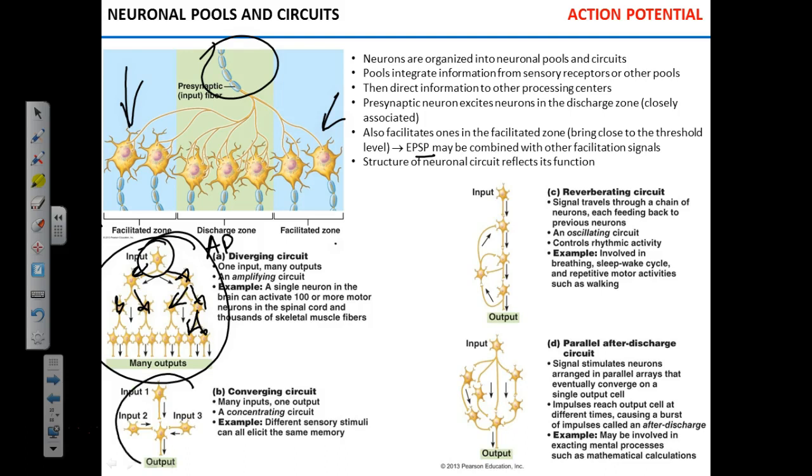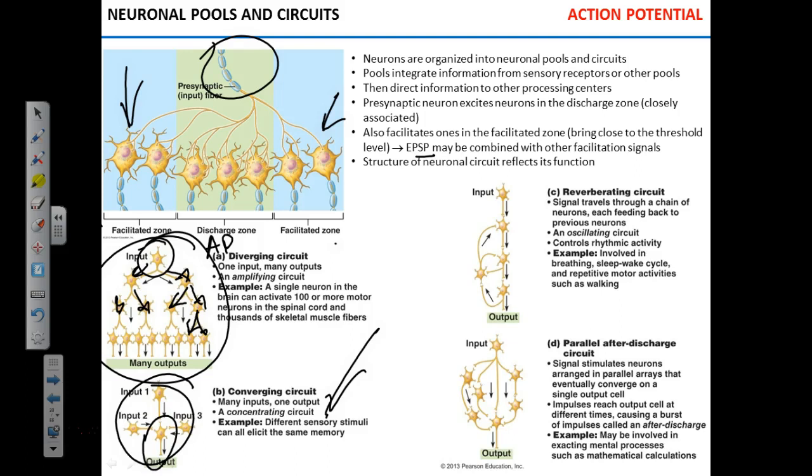Converging circuits, on the other hand, can be found in sensory transmission. Information is collected from multiple sensory receptors and accumulated on one neuron, say multiple receptors like Merkel cells transmit the signal to a first order neuron, which then communicates it to the brain.